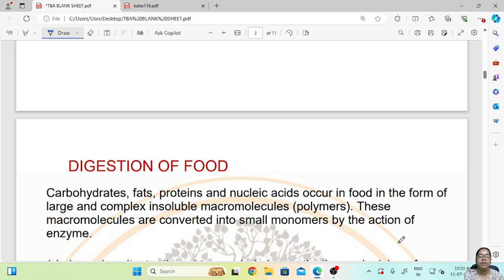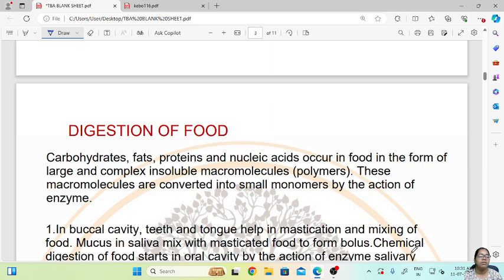These glands produce the enzymes, and those enzymes help in the digestion of the carbohydrates, fats, proteins and nucleic acids present in our food. This is how digestion of food happens in our body.